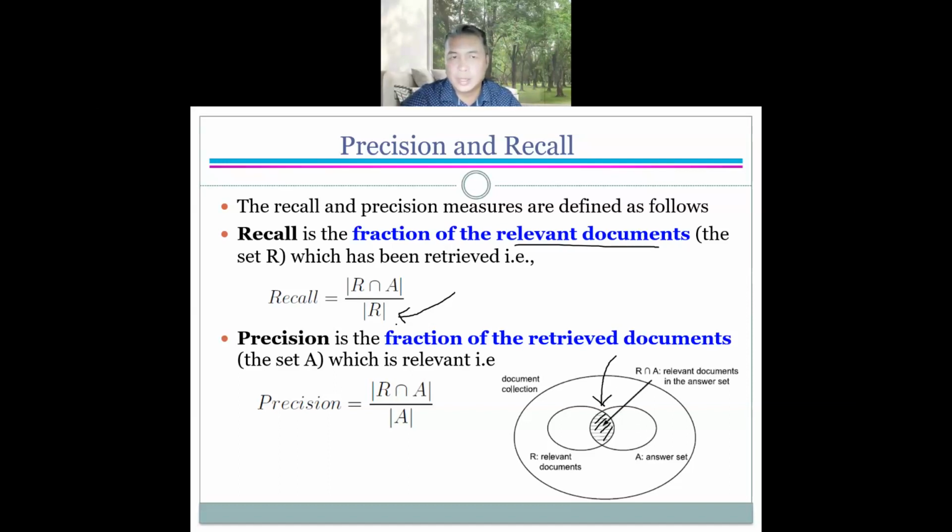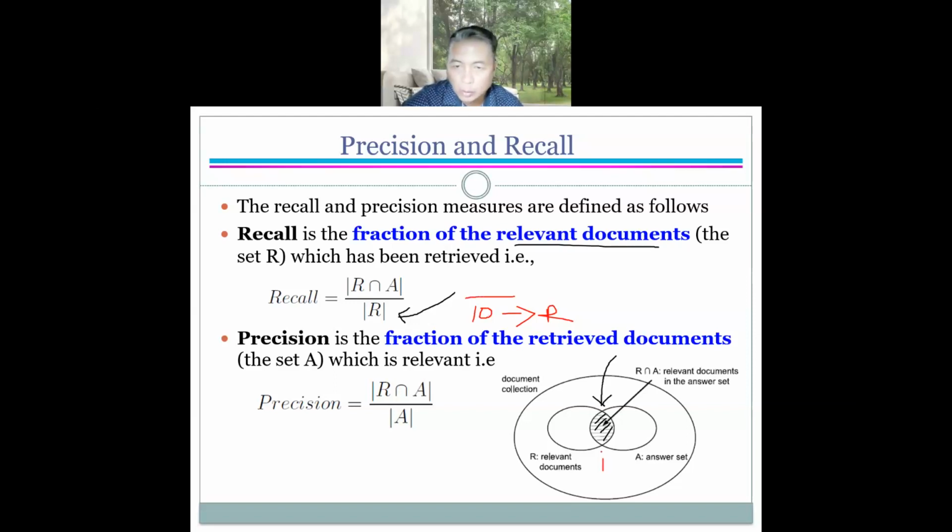Okay. So if you have 10 documents which are relevant, how many of them are being returned to you?